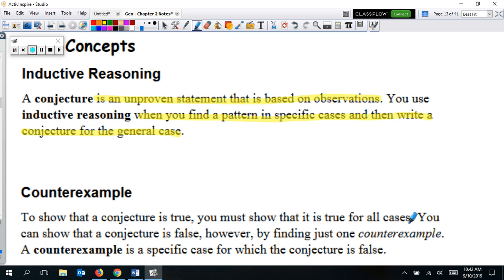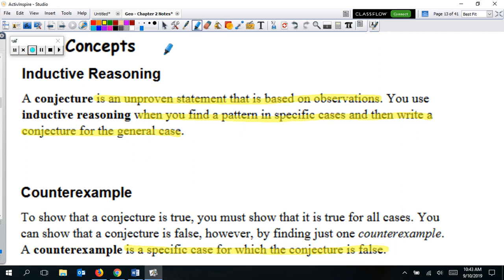It's easy to show that inductive reasoning is false because all you need is one counterexample and it destroys the whole argument. One time when you see ketchup and there's not hamburgers, that one time destroys the whole thing. So that's what a counterexample is. It's a specific case for which the conjecture is false.